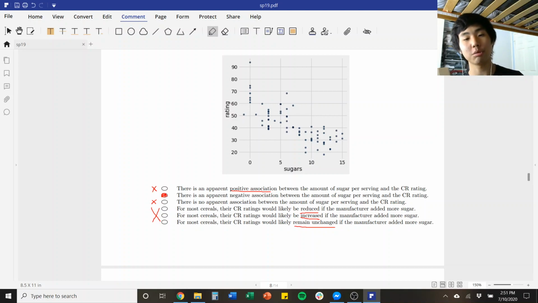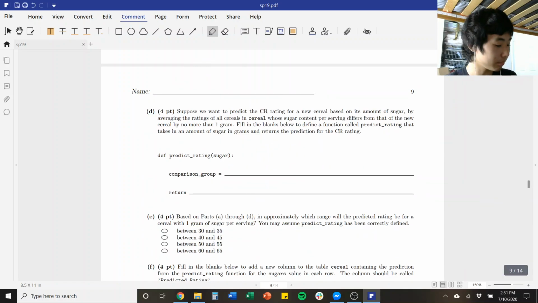We would need to do an experiment by manipulating the amount of sugar to see if the rating changed to conclude a causal relationship. So this is purely an association. We cannot say anything about whether one causes the other. Okay. Part D.